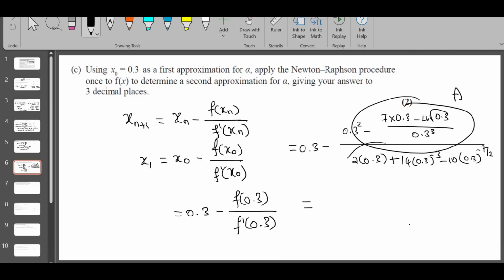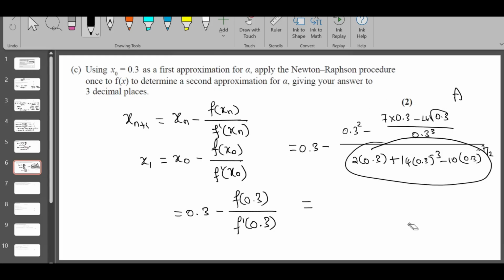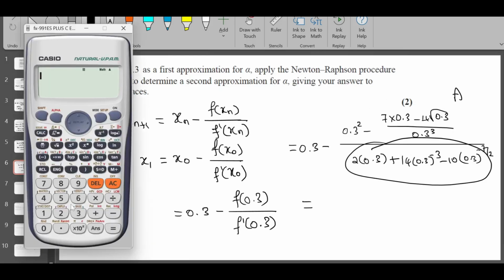Now let's find the denominator, f dash of 0.3. 2 times 0.3 plus 14 times 0.3 to the power minus 3 minus 10 times 0.3 to the power minus 7 over 2, which is minus 3.5. I'm going to store this value as b.